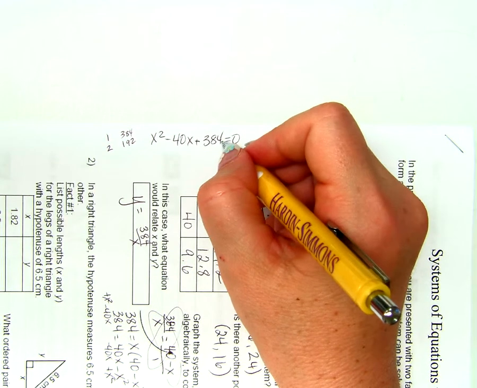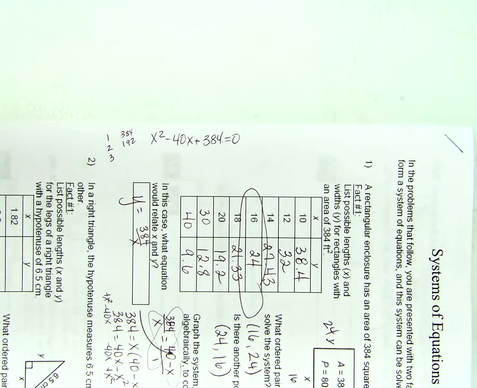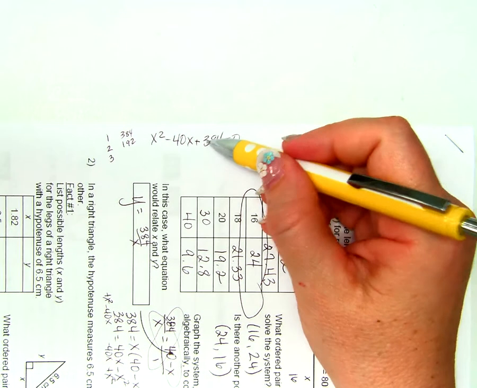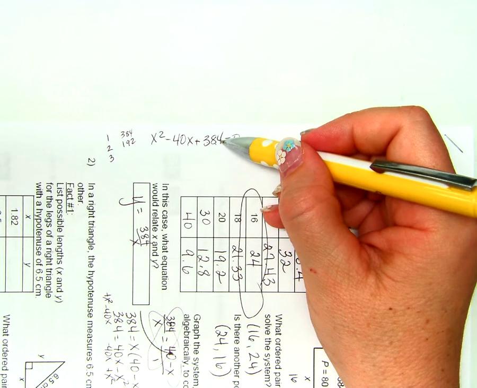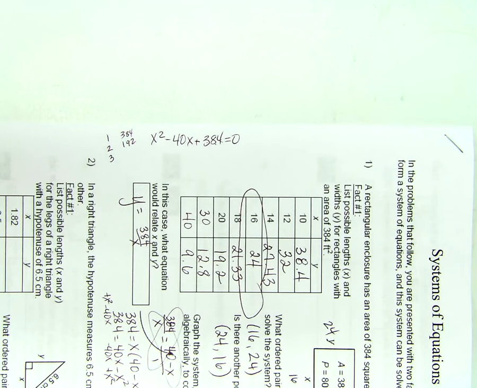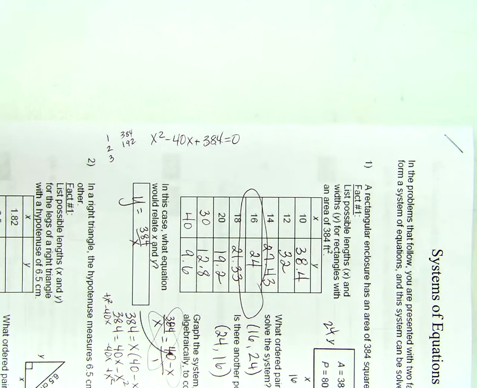Is it divisible by 3? Yes. How do I know it's divisible by 3 just by looking at the number? What's 3 plus 8 plus 4? I added up the digits and got 15. Is 15 divisible by 3? Then that number is divisible by 3. That always works with 3's.